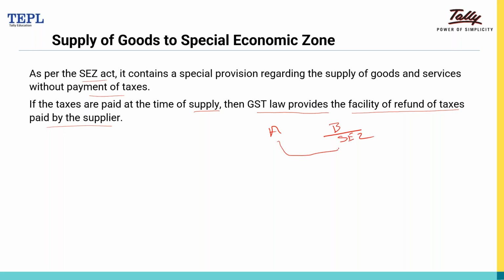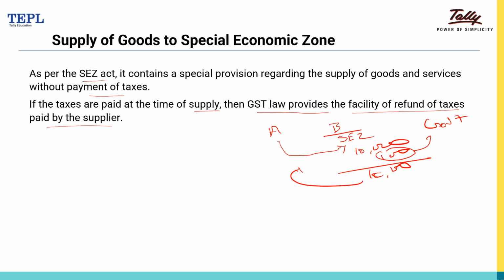If A supplies to B rupees 10,000 and charges 100 rupees tax, in that case B pays all this 10,100 to A. But this 100 rupees, B can take refund from government.